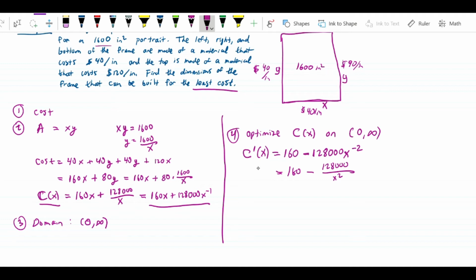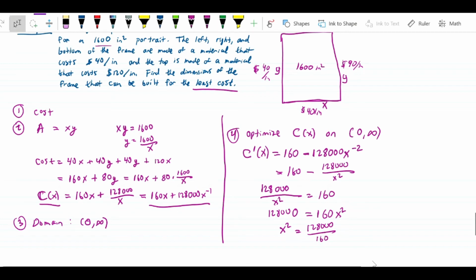So what I'm looking for is where 128,000 over x squared is equal to 160. That's going to give me 0. So that means that 128,000 is equal to 160 x squared. That gives us x squared is equal to 128,000 over 160, so x squared equals 800.